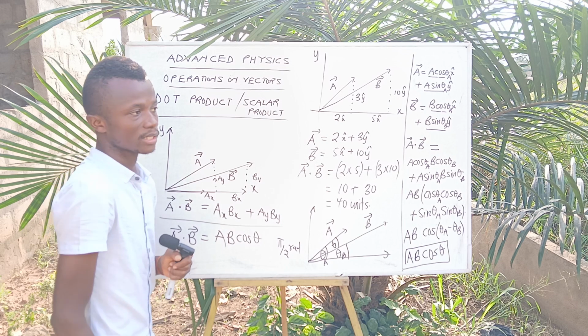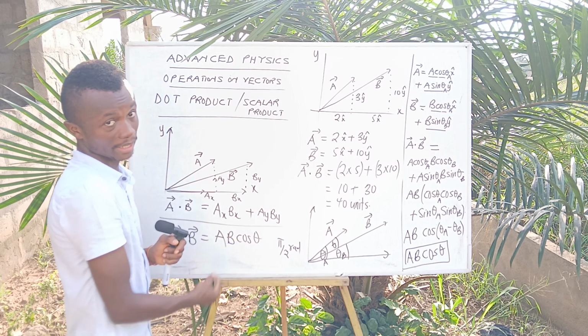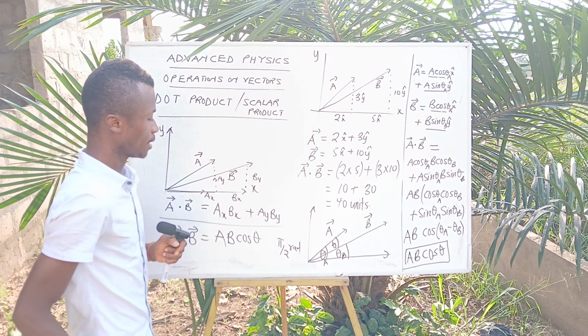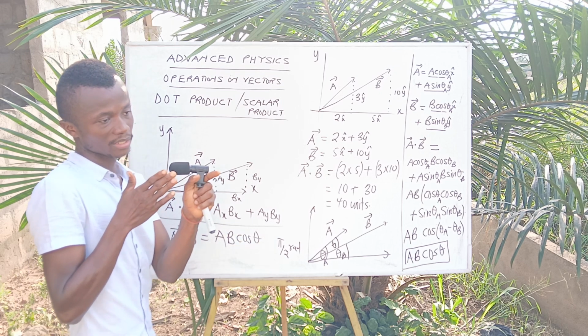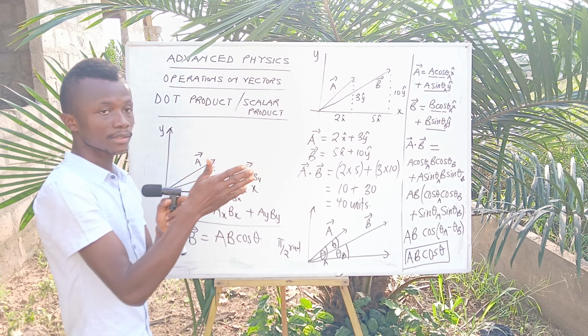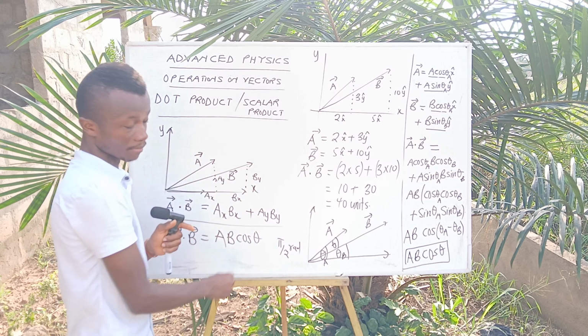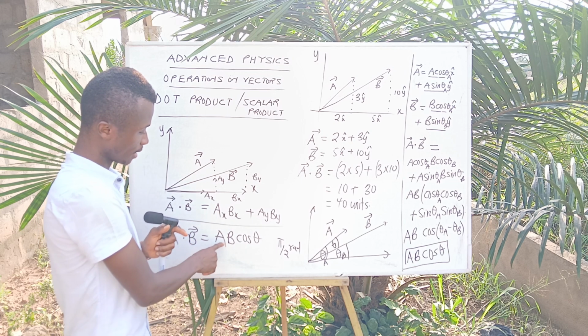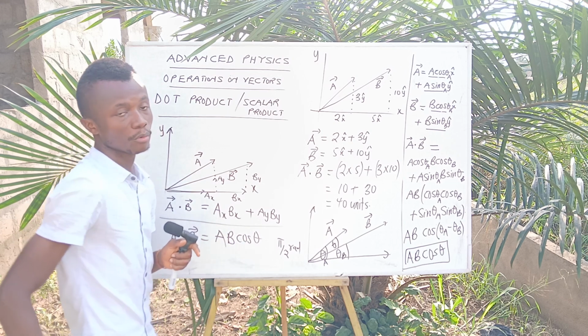The dot product will simply be the magnitudes of the two vectors multiplied when the angle between them is 0. So if two vectors are parallel, the dot product between them will simply be the multiplication of the two magnitudes, because then the cos 0 will be 1.